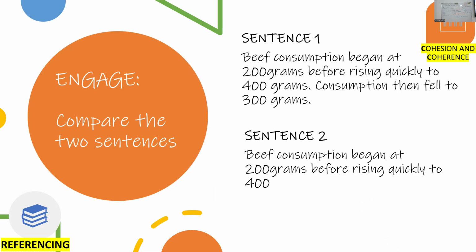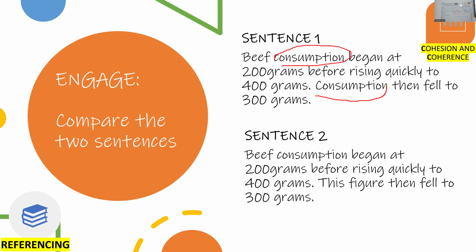So for example, if you happen to see this in your student's essay, we have the word consumption and another word here, consumption. This is repetition of exactly the same words in 2 sentences. And this could affect their score both in lexical resource and cohesion and coherence.